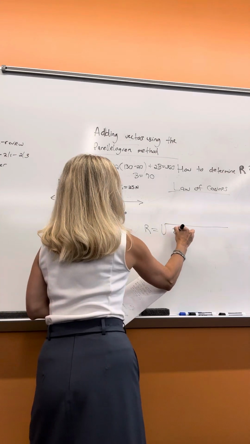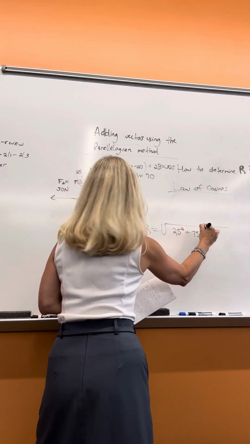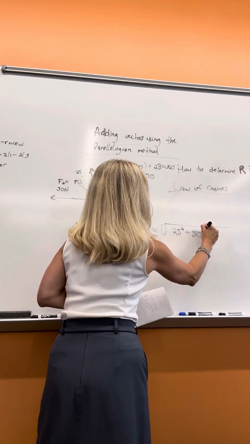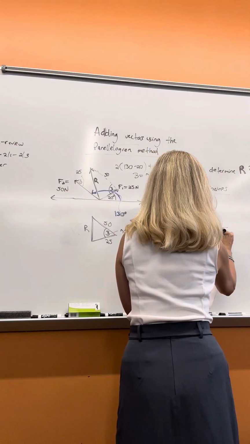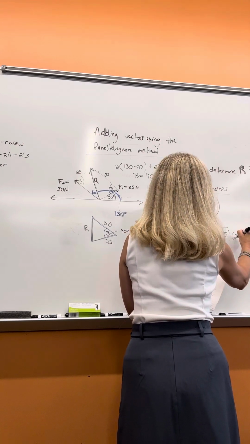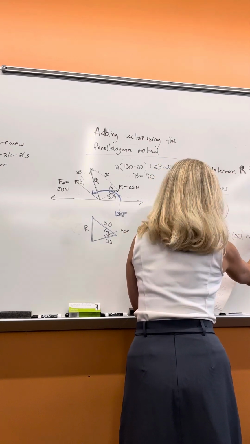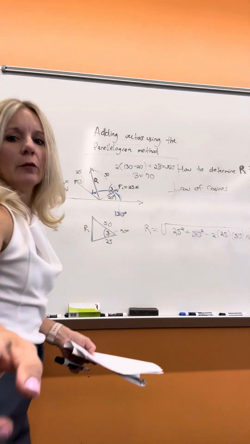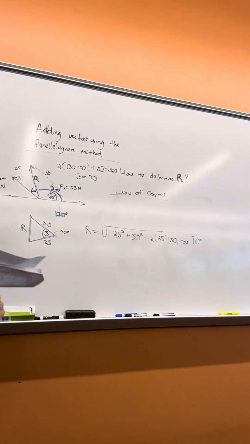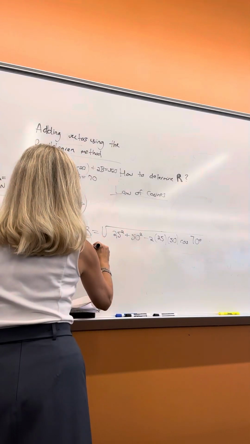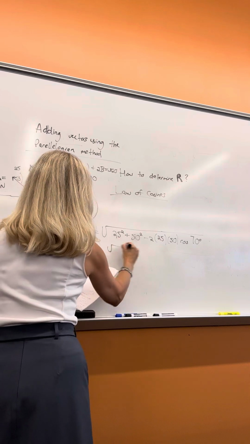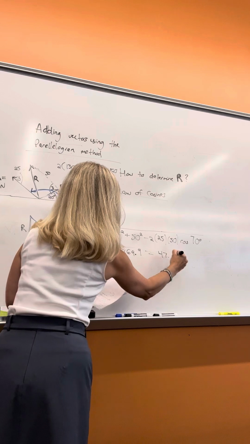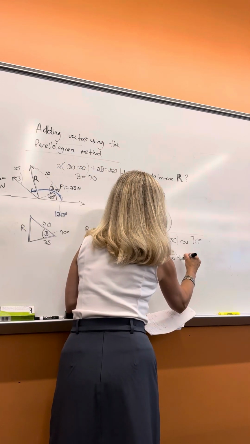So we're going to have 25 squared plus 50 squared minus 2 times 25 times 50 times the cosine of the angle between them, which is 70 degrees. And if we take the square root, then we are going to get R, and it's the square root of 2269.9, which is 47.64. And just remember that we're in newtons.